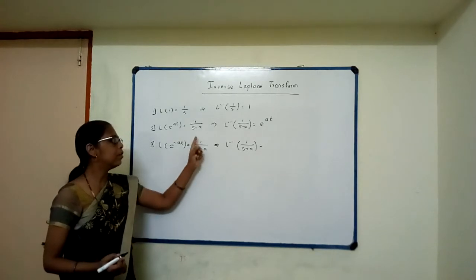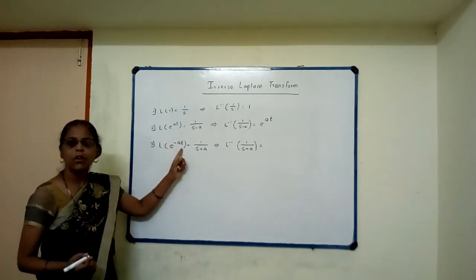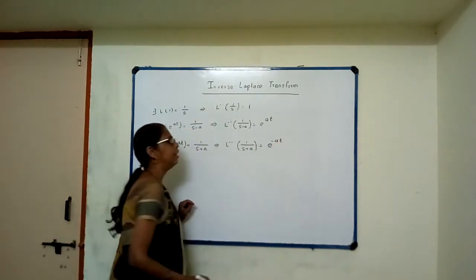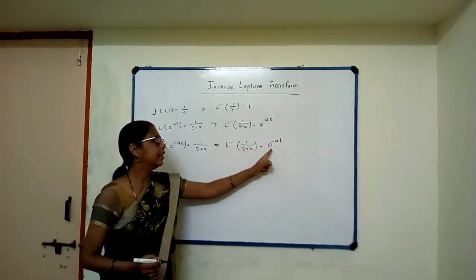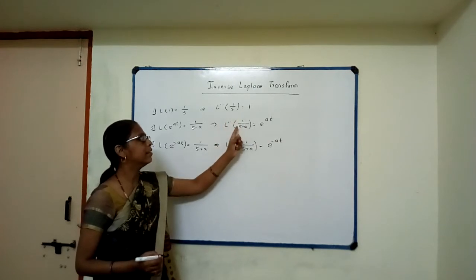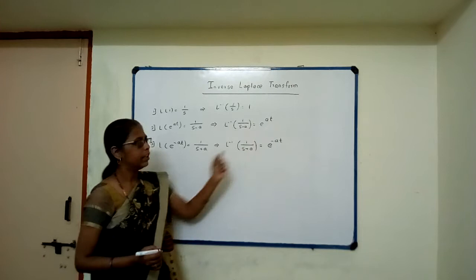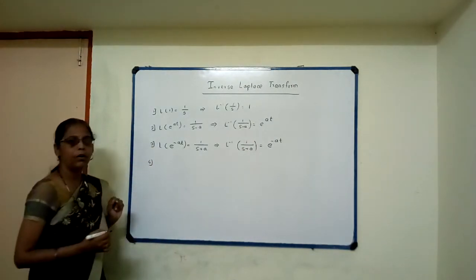So Laplace inverse of 1 upon s plus a is equal to e raised to minus at. In Laplace inverse, if there is 1 upon s plus a, answer is e raised to minus at. If there is 1 upon s minus a, answer is e raised to plus at. Now next formula. Formula number 4.